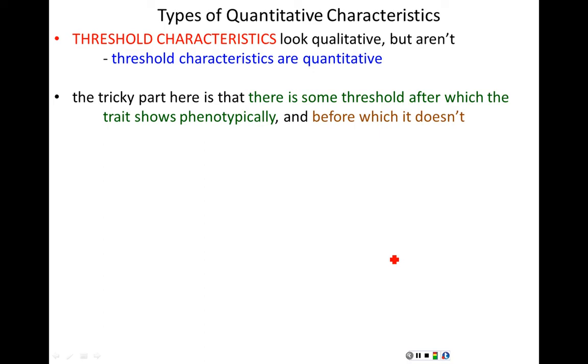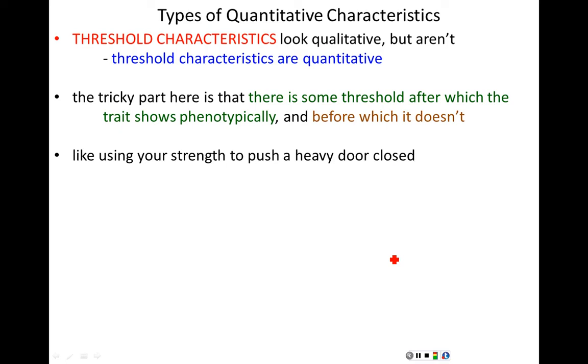But prior to the threshold being reached, the trait does not emerge, and so it doesn't exist. This gives the illusion of a discontinuous qualitative trait, because it's either yes or no, trait or no trait. But what's going on behind the scenes is a quantitative approach to this threshold.